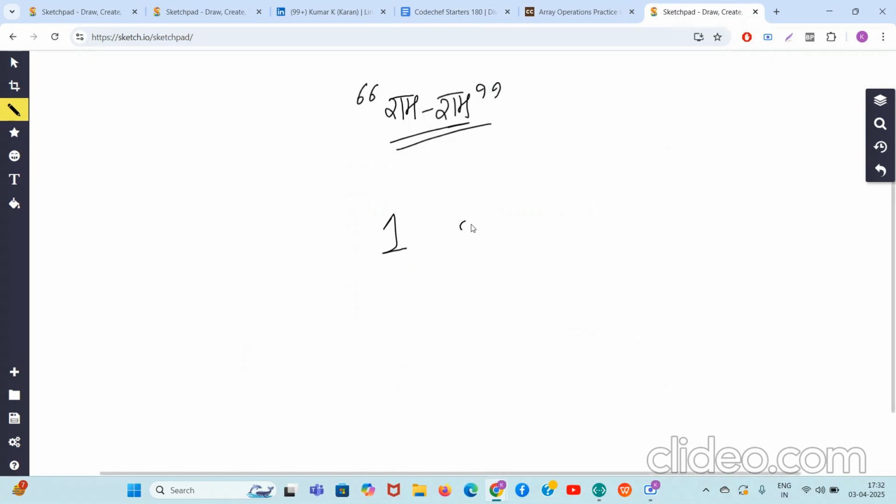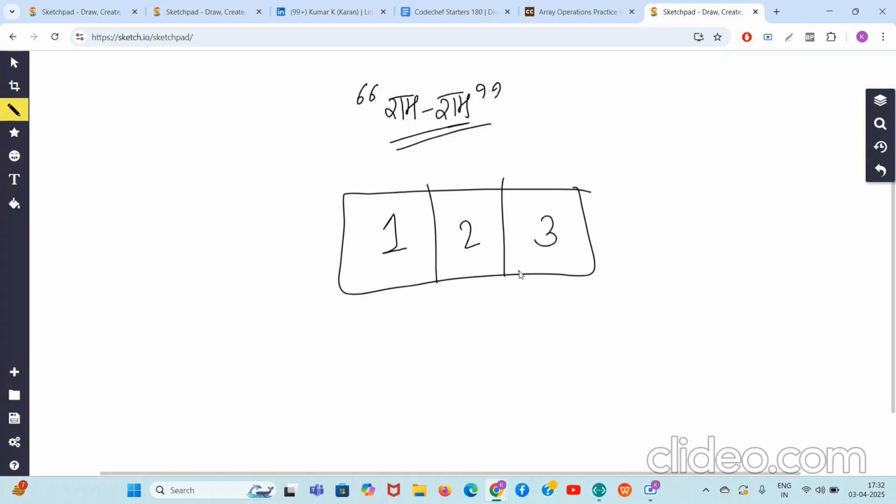For example, let's take 1, 2, 3. This is the array given to you. Now do the operation: this is index i, this is i plus 1, this is i plus 2.